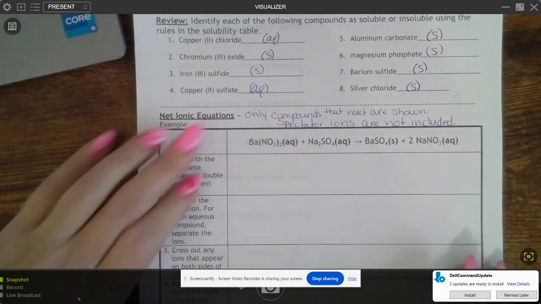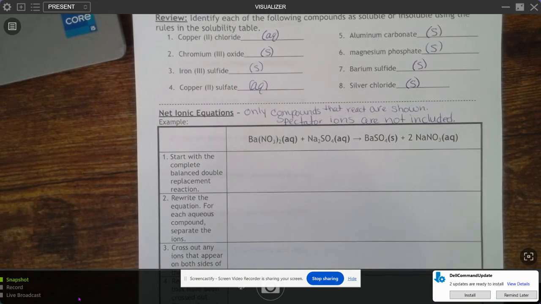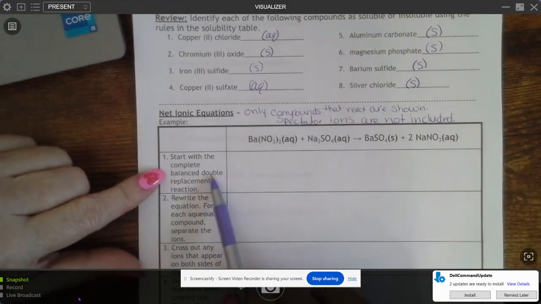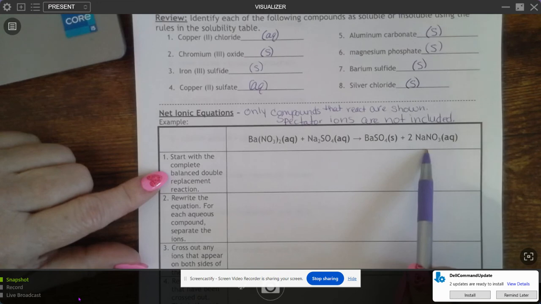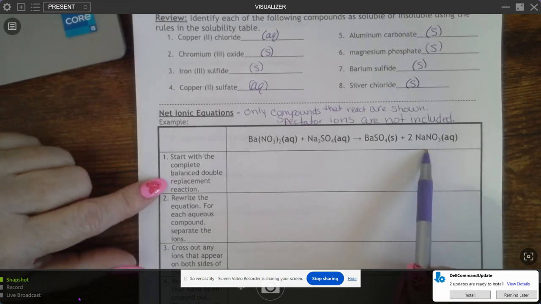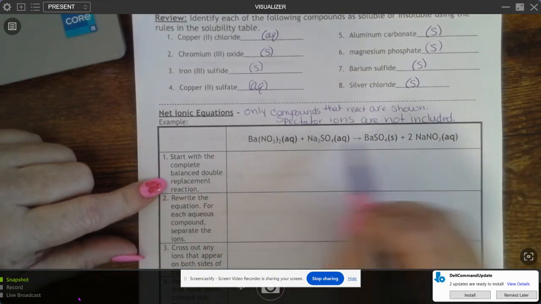This idea of net ionic equations builds off of what we talked about with double replacement reactions, and it is based on the fact that one of our products in a double replacement reaction is going to be a solid. So we start with our complete balanced double replacement reaction. I'm not going to rewrite that because I've got it right up here.